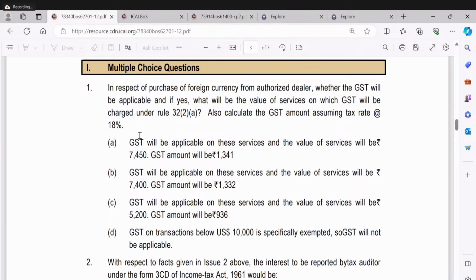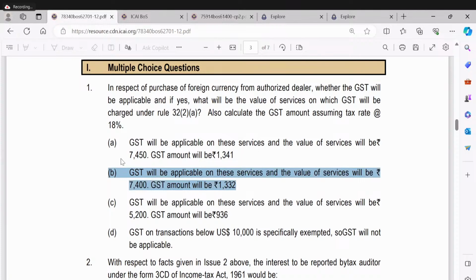Therefore, we'll take 1% of the gross amount, which is 7.4 lakhs and which comes out to 7,400 rupees. So option B is the correct answer. GST amount which will be payable at the rate of 18% on 7,400 will be 1,332 rupees. So this option B is the correct option.